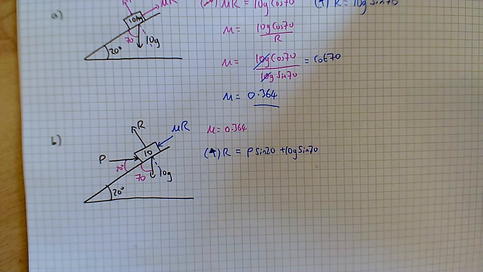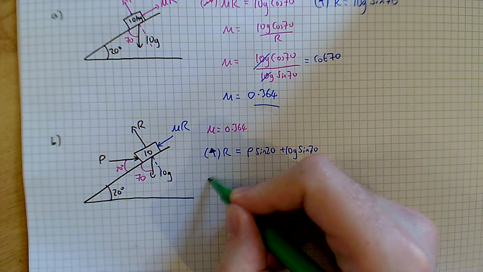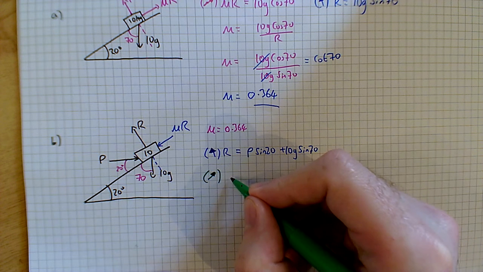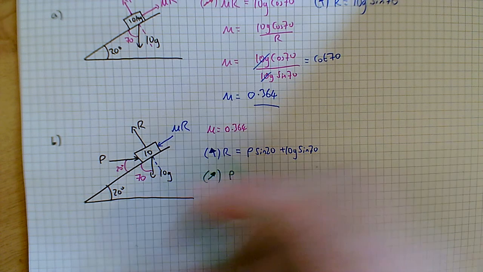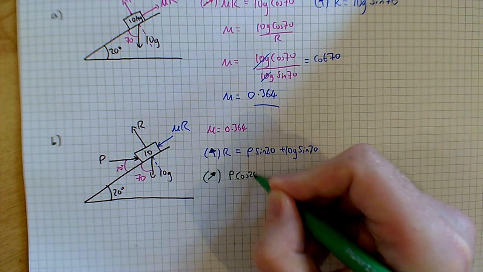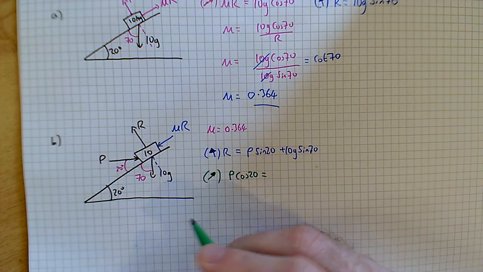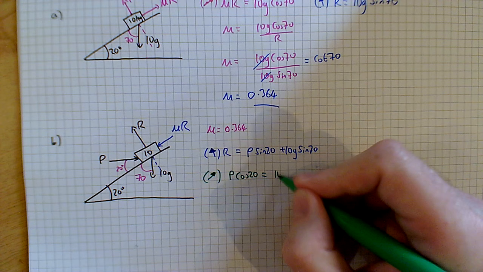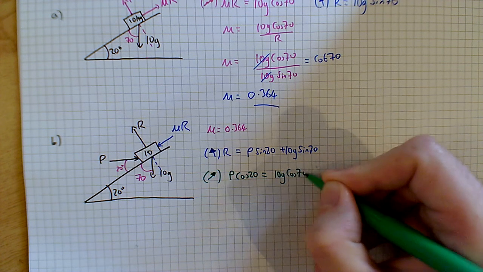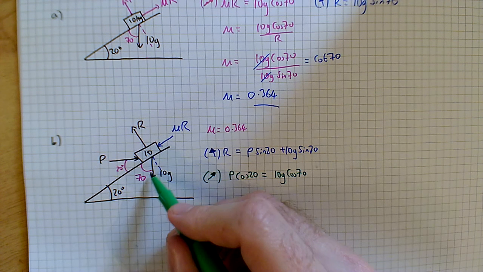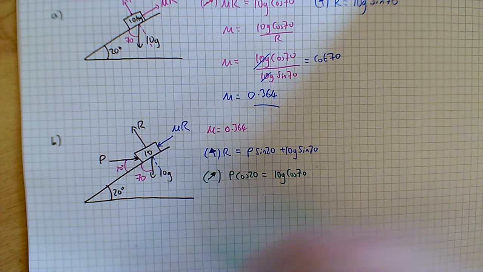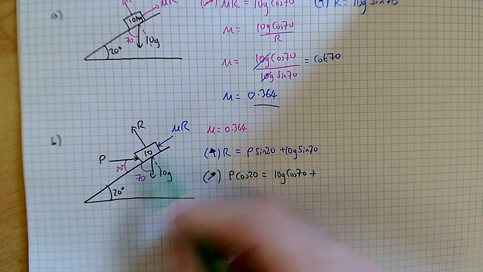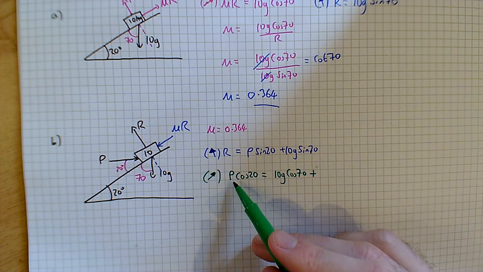Right, then we can resolve it going up the slope. So the force pushing it up is P, but P is resolved at 20 degrees, so to get it onto the slope we have to go through the 20, so it's P cos 20 equals, and then we've got this pulling it down, so this is 10g cos 70, because it's pulling it down, we're going through the 70 to get to the line of the slope, and we've got friction of course on that side opposing the movement up the slope.